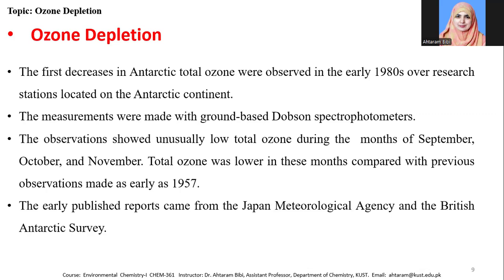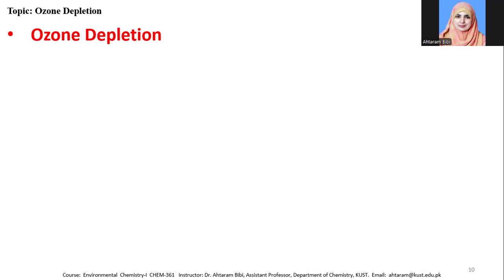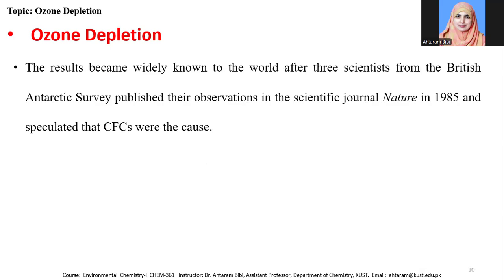The early published reports came from the Japanese Meteorological Agency and the British Antarctic Survey. The result became widely known after scientists from the British Antarctic Survey published their observations in the scientific journal Nature in 1985 and speculated that CFCs were the cause.